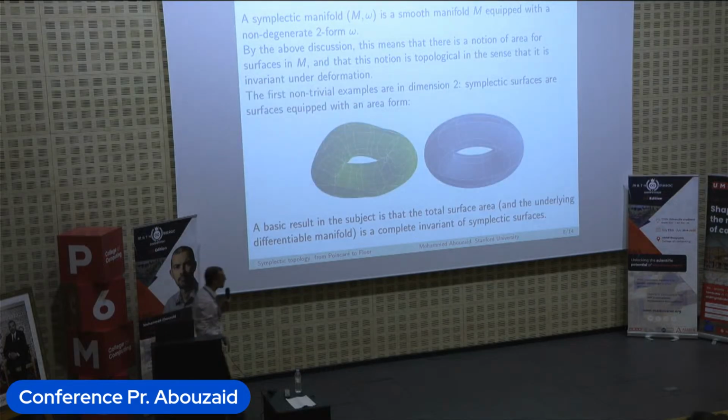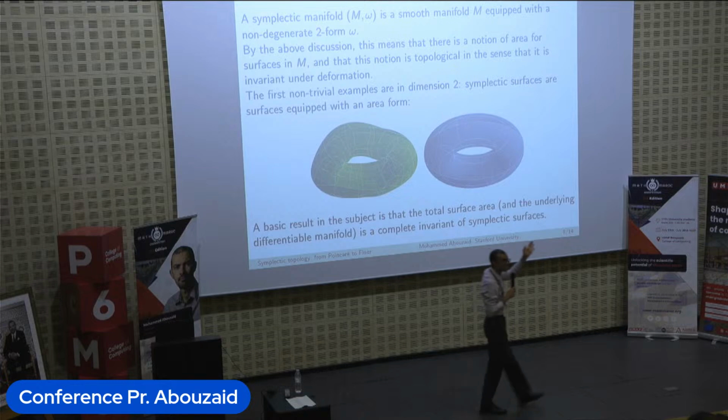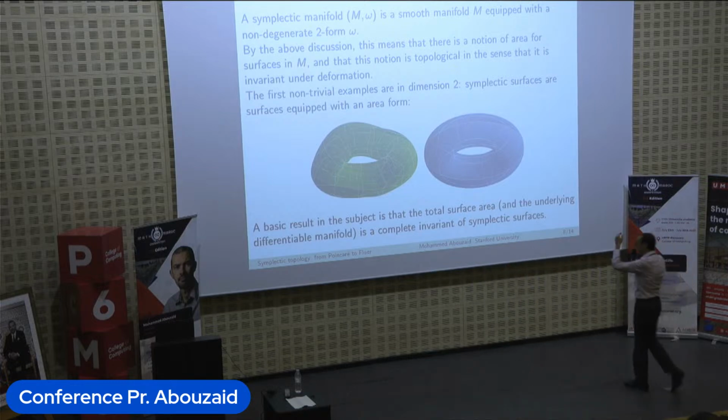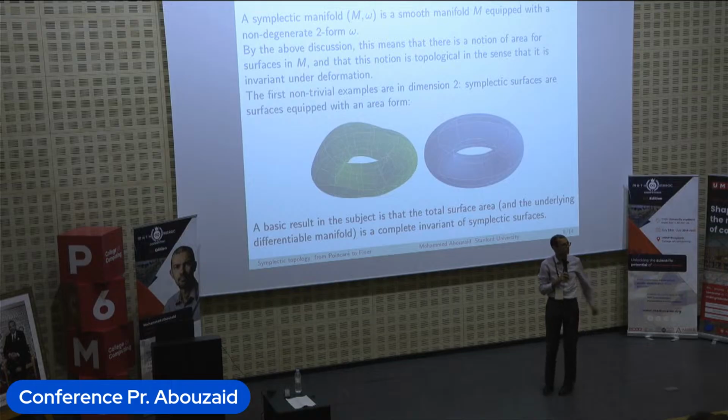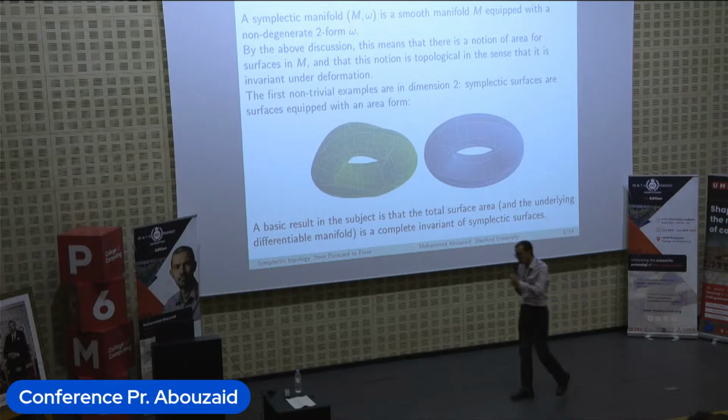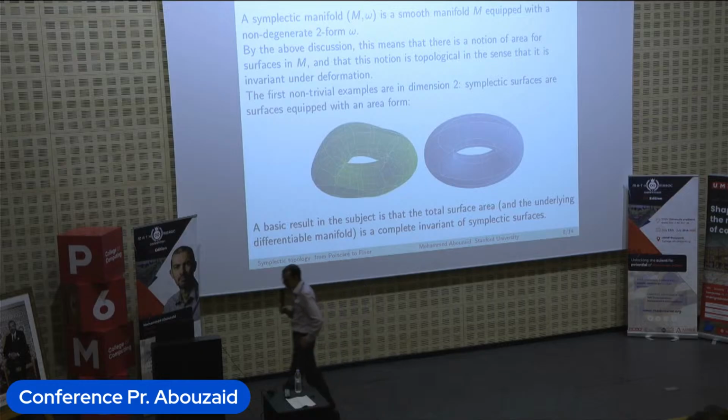Good. So what is a symplectic manifold? That's the subject. That's what I study in some sense. A symplectic manifold is a smooth manifold with a closed and non-degenerate 2 form. What it means in particular is that it has a notion of area.